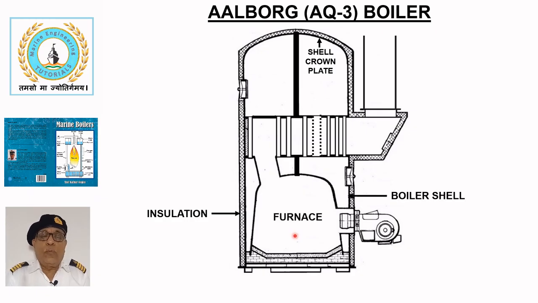Similar to smoke tube boilers, a hemispherical furnace with slanting sides and a rounded crown is attached at the bottom of the drum, which is surrounded by water except at the bottom. The bottom of the furnace has brickwork and refractory lining to contain the furnace heat.